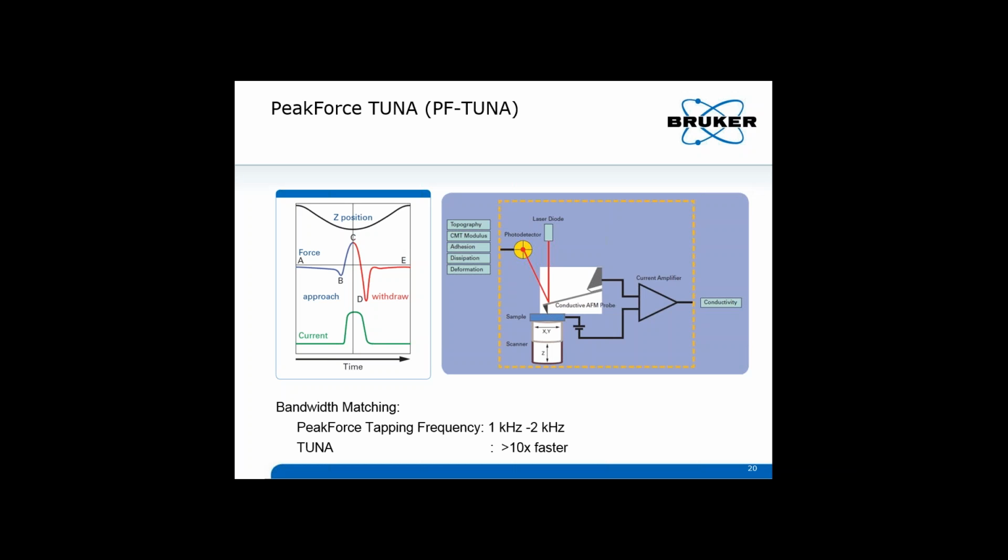So the frequency is reasonably good for the current measurement. For the tuner module, it is a rule of thumb that the tuner module must have 10 times faster speed compared to the operation frequency of the imaging mode. For the old tuner module, the bandwidth is 160 Hertz.